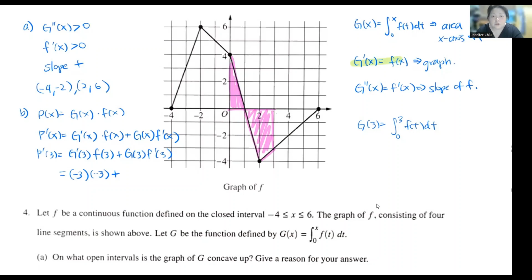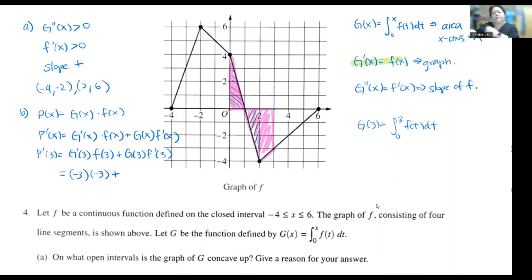So the first one is a positive triangle. That's going to be 1/2 times base of 1 times height of 4. And then the next one is a triangle and a trapezoid. You could look at this and say, this first triangle will cancel out this triangle because they're exactly the same, but one's positive and one's negative. So that's gone.